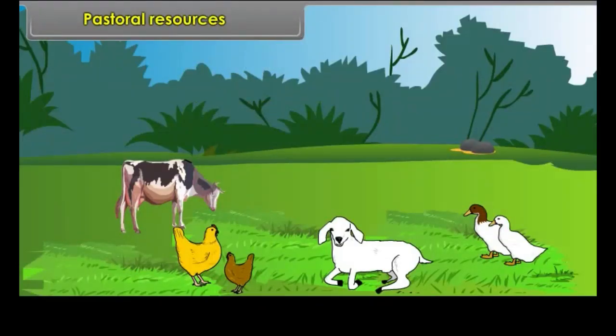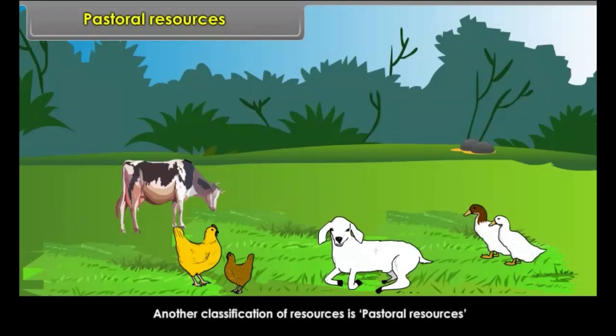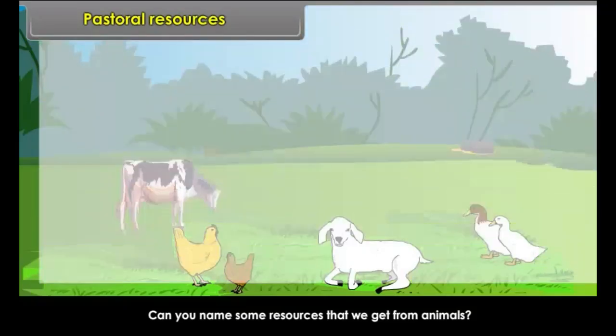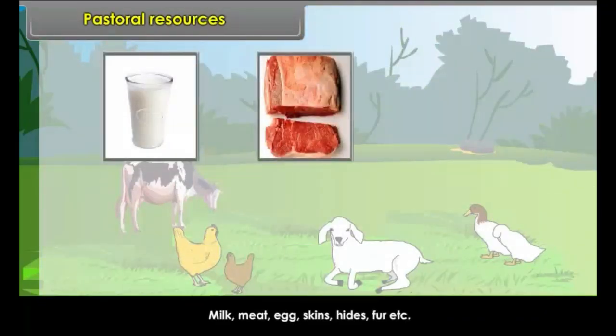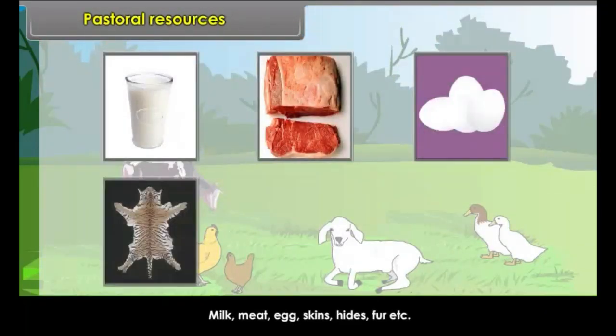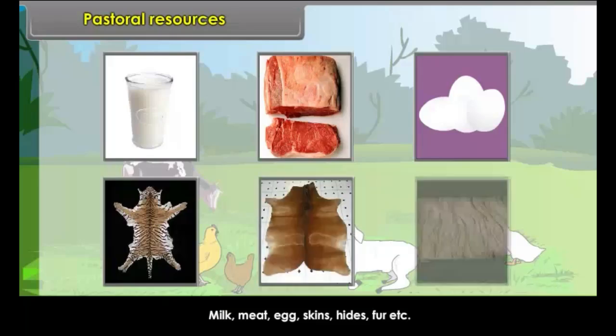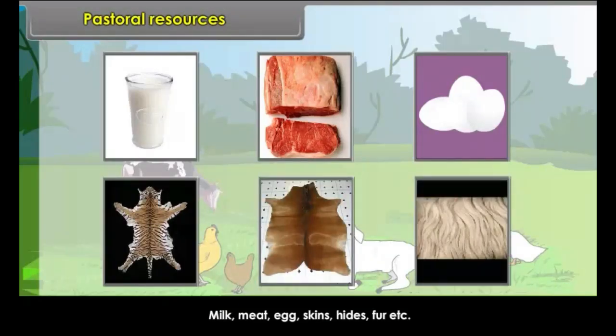Pastoral resources. Another classification of resources is pastoral resources. The resources which we get from animals are pastoral resources. Can you name some resources that we get from animals? Milk, meat, egg, skins, hides, fur, etc.